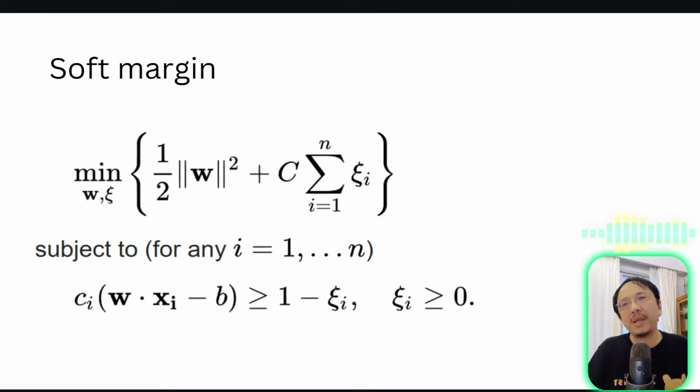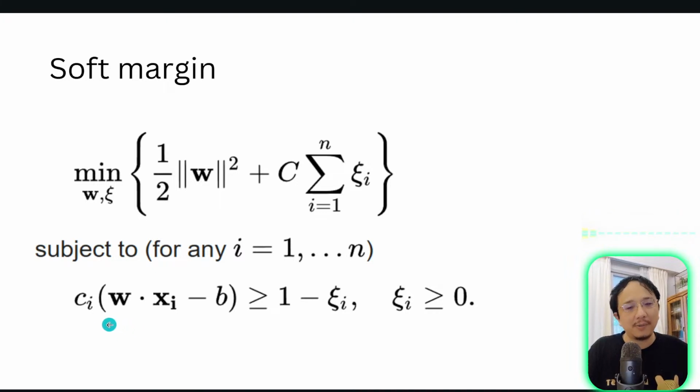We still minimize these things, subject to some constraint, but instead of strictly asking it to be greater or equal to 1, we allow it to have some margin. This is called soft margin.